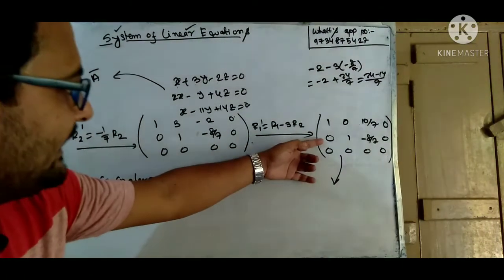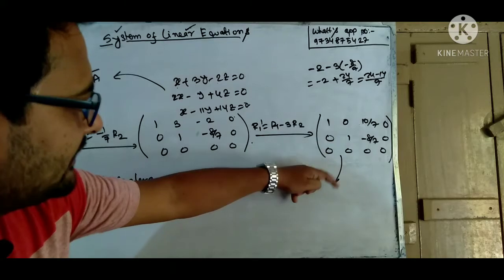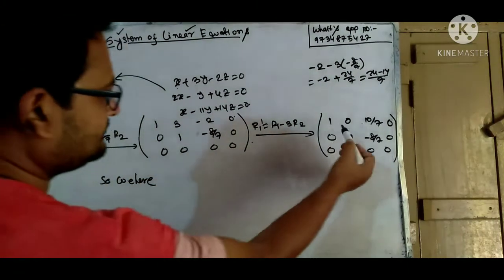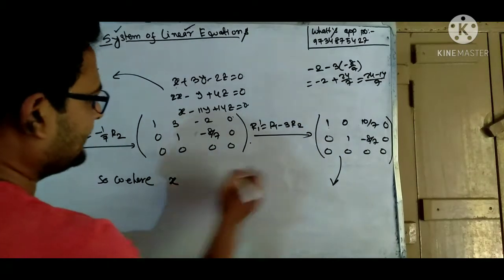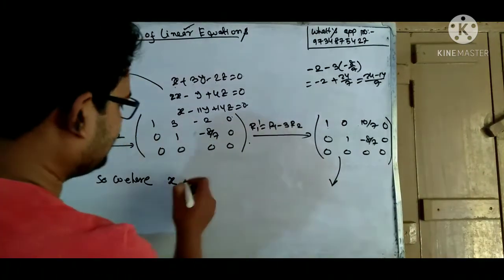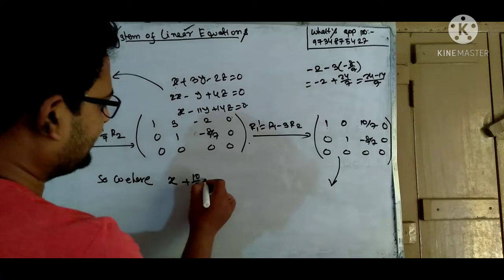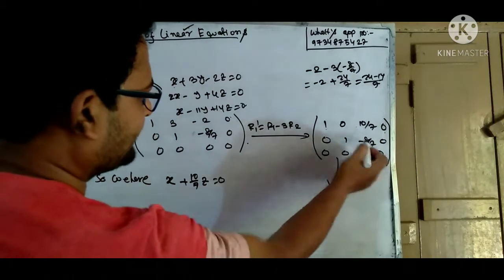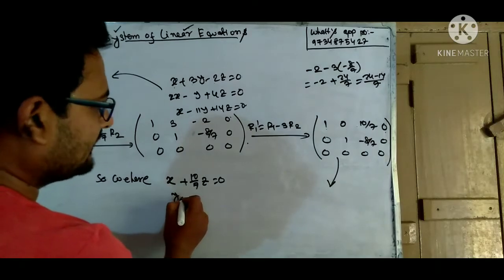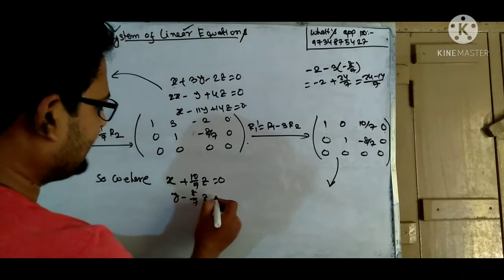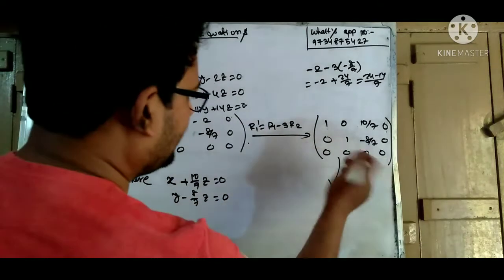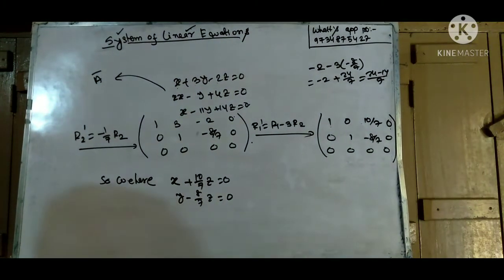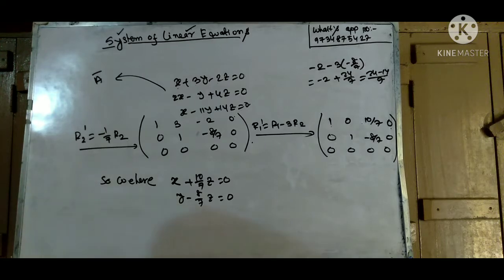So we have 1 into x plus 0 into y plus 10 by 7 into z is equal to 0. Similarly, from the second row, y minus 8 by 7 z is equal to 0. From the third row there is no non-zero element, so the third row will not give any equation.